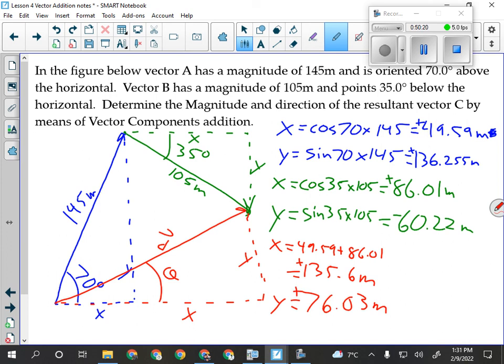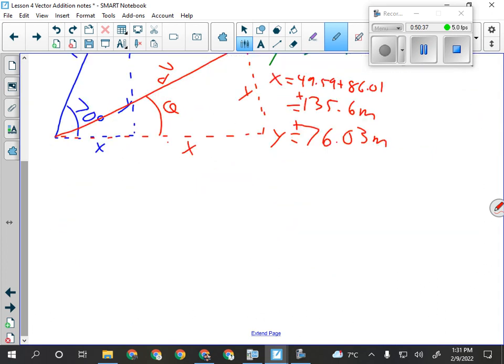Are they all right so far? All right, what's my next step? I've got this side and this side. I'm looking for that. How do I do it? Pythagorean theorem. So D will equal the square root of 135 squared plus 76 squared.